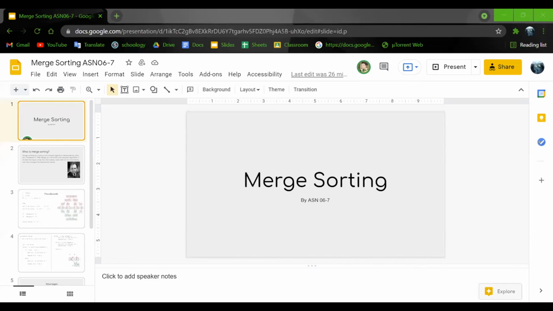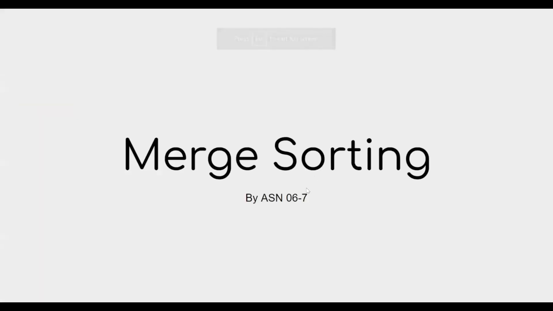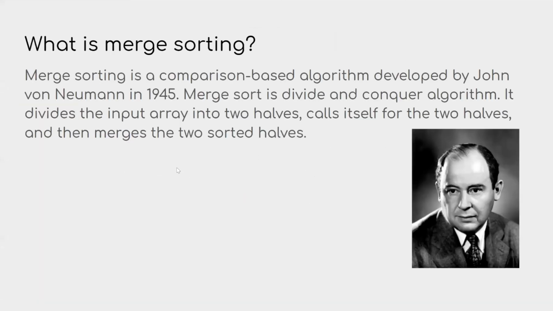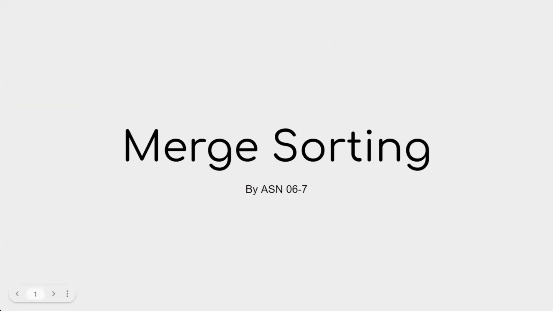Okay, so let's get it done. Who's next? Group 8? Or I'm sorry, 7. I think I'm next. Hello? Hello? Yeah, we can hear. All right. So hello everyone, my name is Peter and I'll be co-presenting with Philbert on merge sorting.